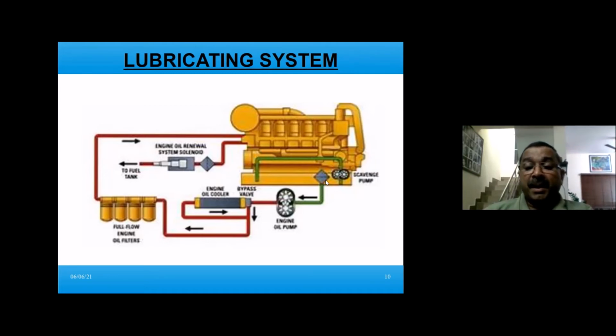So while running your engine, the level of your lubricating oil may go down, because some quantity of your lubricating oil will be escaping as vapor from the engine.